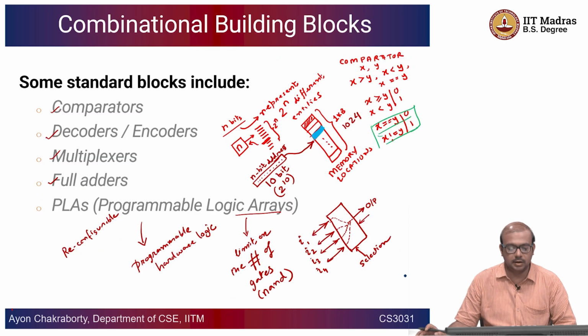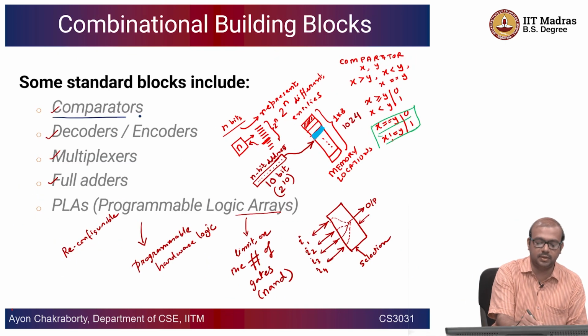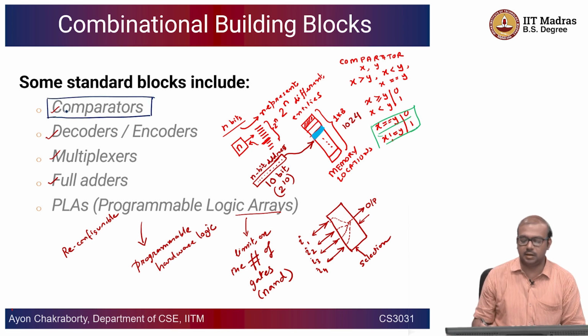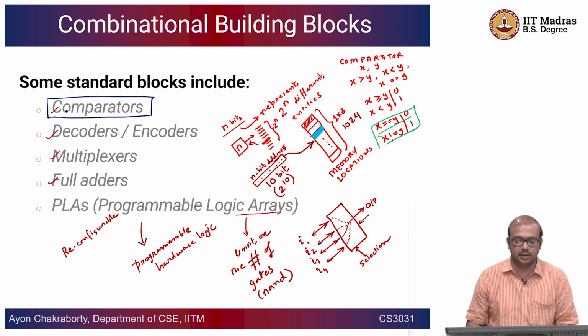If you remember, comparators were one of the standard building blocks, and these comparators were used to compare two bits. There are many interpretations that we had already discussed, and based on every interpretation your circuit design is going to change.